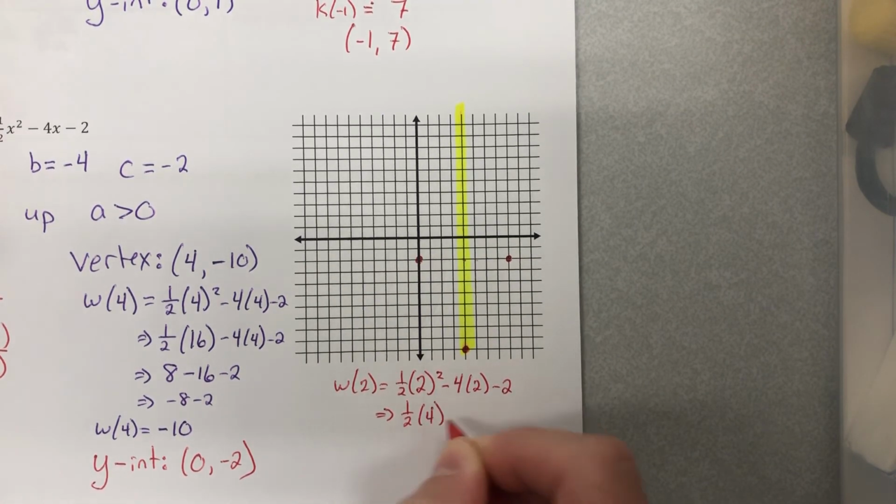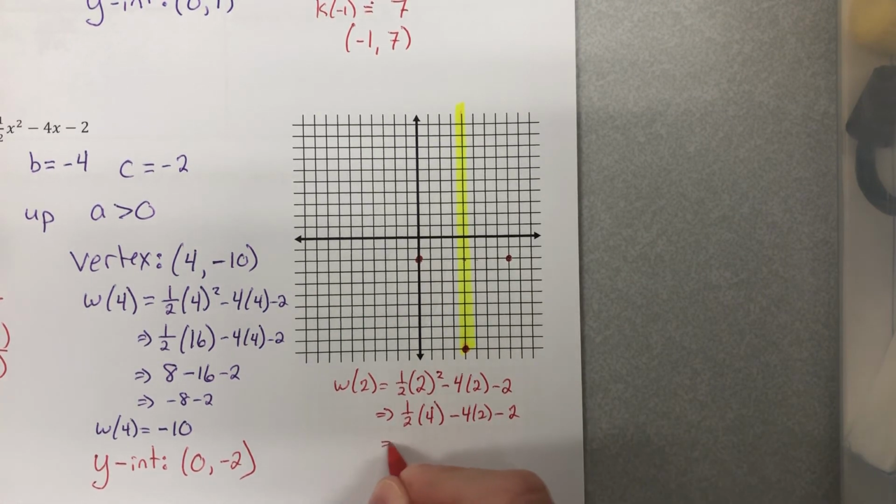1/2 times 4, because 2 squared is 4. This will be 2 minus 8 minus 2, -6 minus 2. So our y-coordinate at 2 is -8.